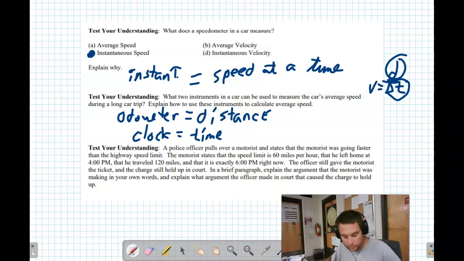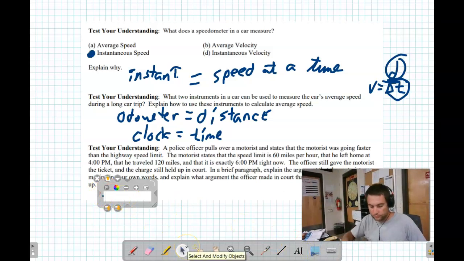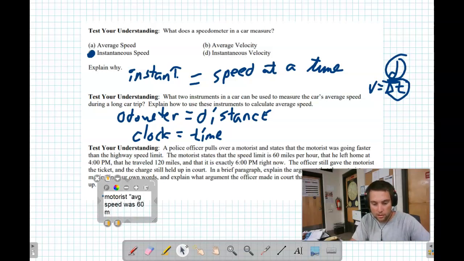Alright, so basically the motorist is saying, my average speed was 60 miles per hour.